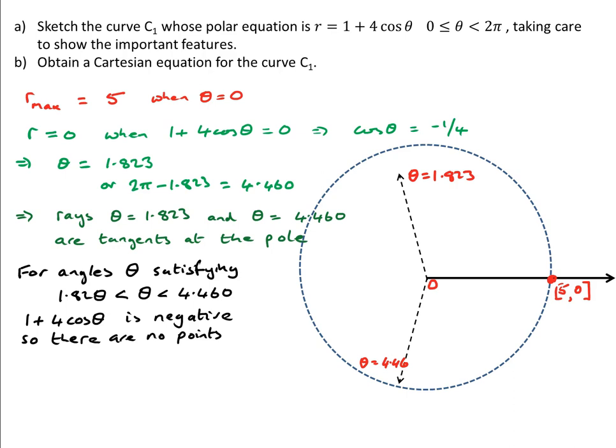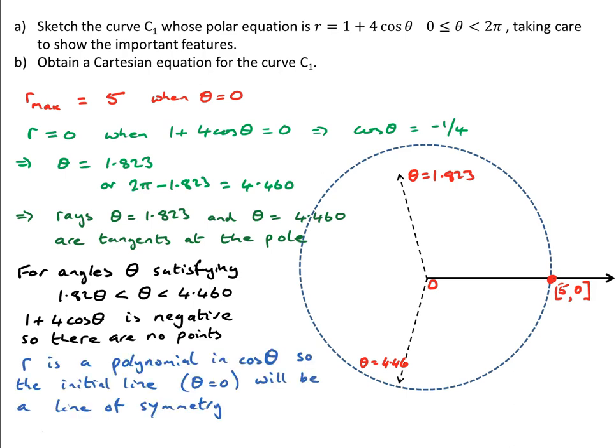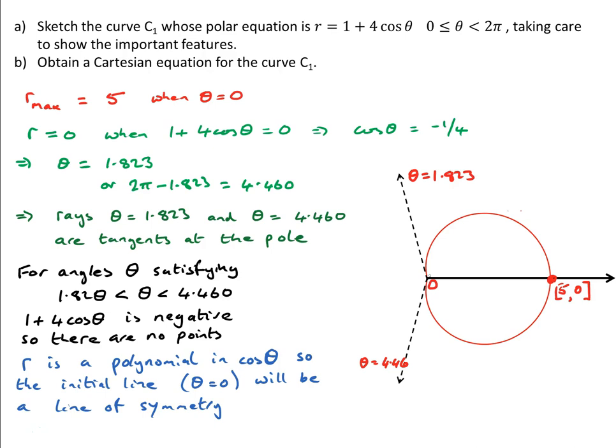Finally, before we actually sketch our curve, we notice that r is in fact just a polynomial in cos theta, so the initial line is certainly going to be a line of symmetry of the curve. So putting all of that information together, we can get our curve C1.